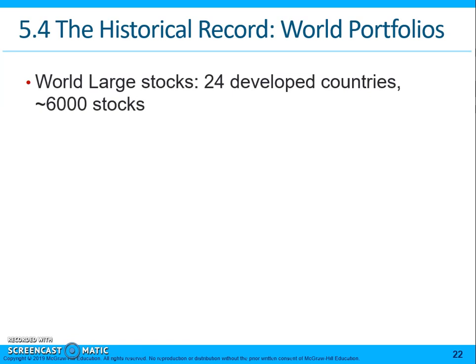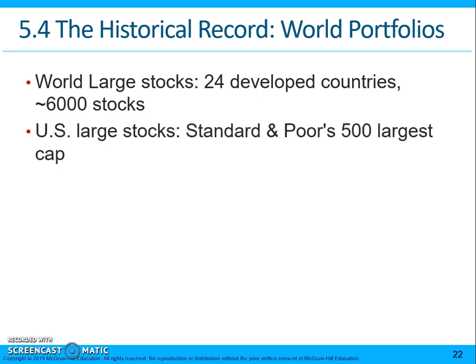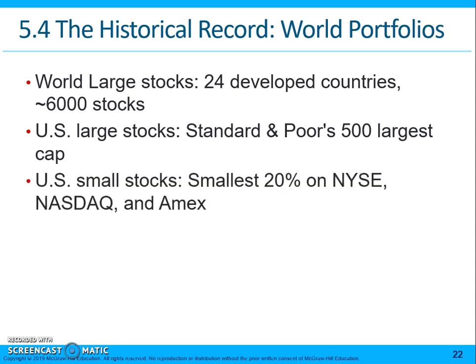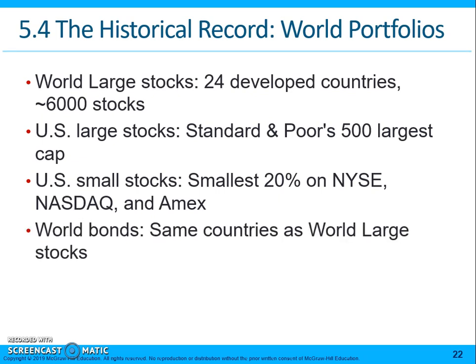We've got world large stocks. That's 6,000 stocks for 24 developed countries. U.S. large cap is the standard S&P 500. So that's the 500 largest capitalized stocks in the U.S. U.S. small stocks is the smallest 20% on NYSE, NASDAQ, and Amex.